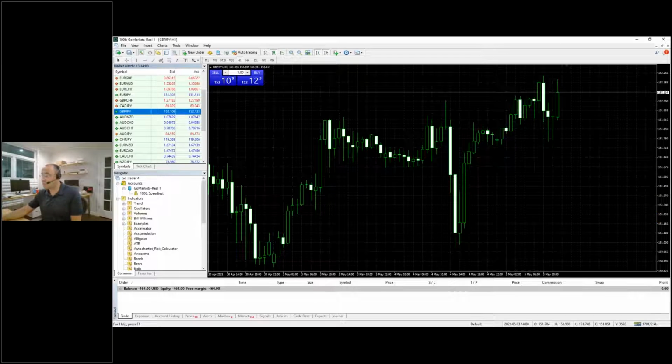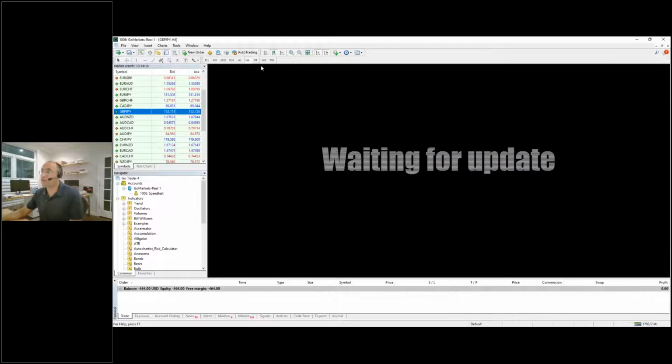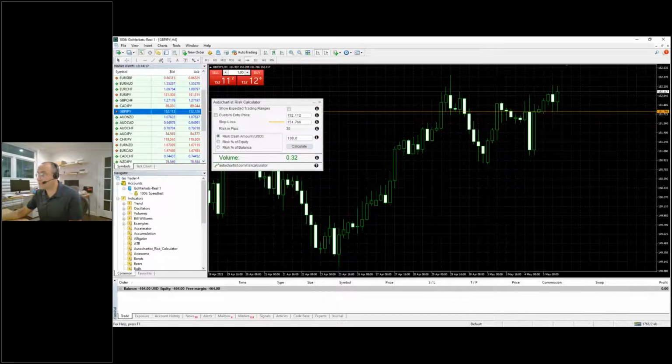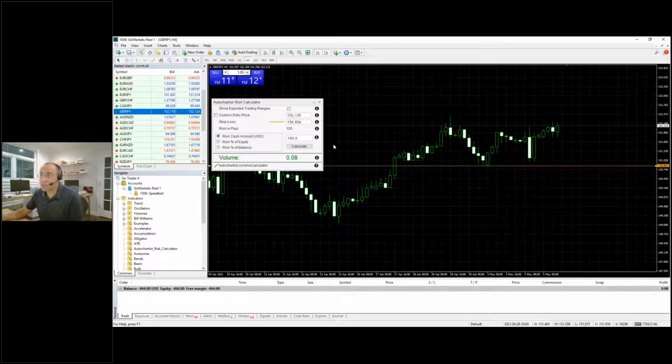In fact, let's make it a GBP JPY 4 hourly chart. I think that I'm going to trade long and I'm going to set my stop loss at this level over here. Now, compared to the previous position on euro dollar, which was about 30 pips, this is a 125 pip position.